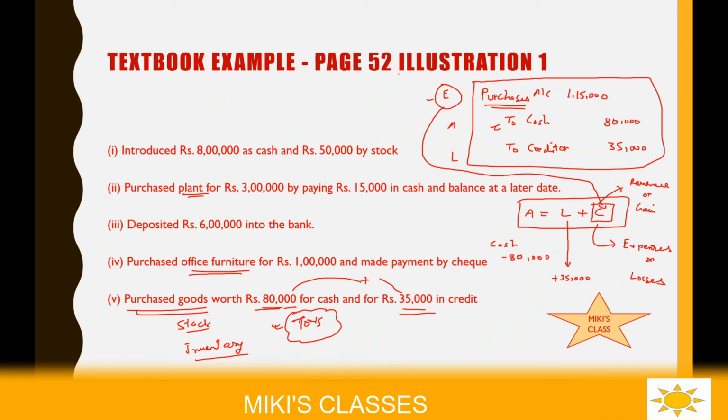No. Let's check what has happened to the capital account. There's an expense. So within this capital account, as I told you, it can be broken down into revenue or gain and expenses or losses. Correct?